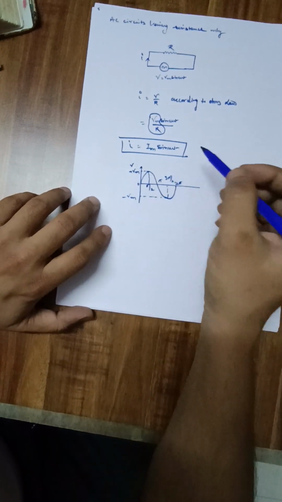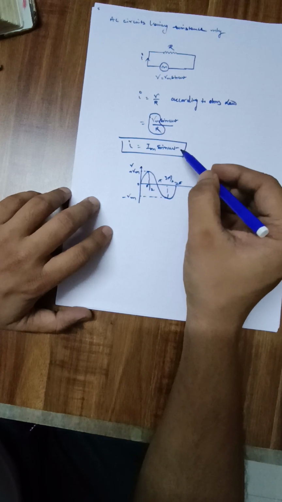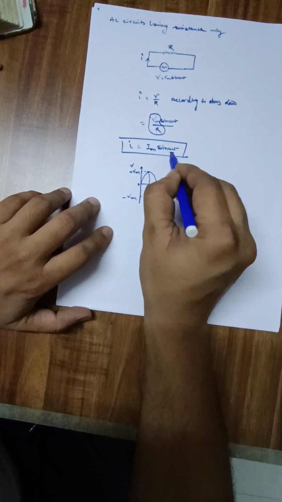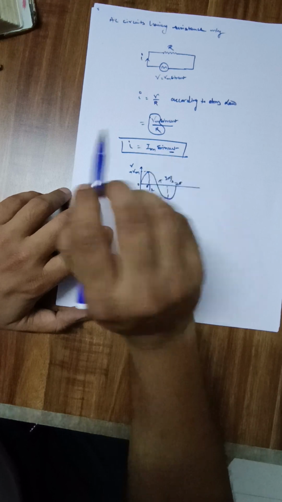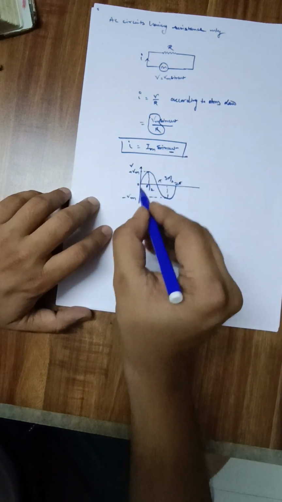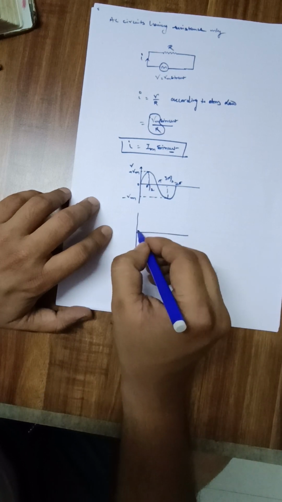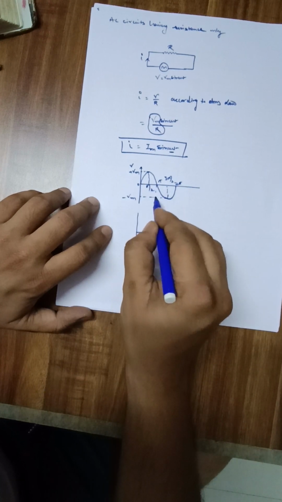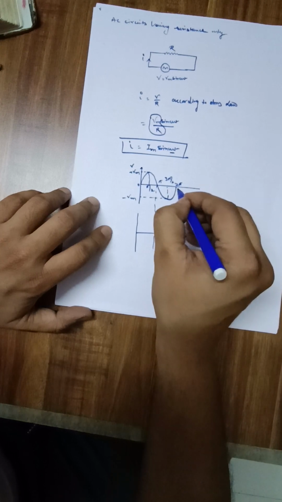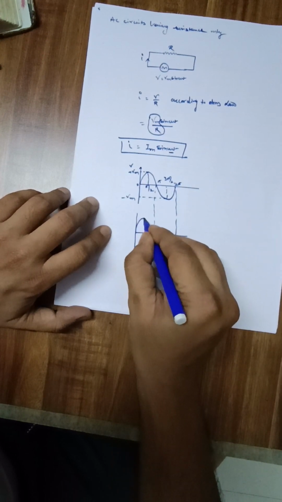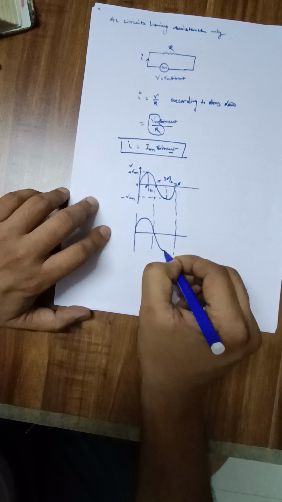Now when we look at current, it is also having the same phase. Current is also having sine omega t. So current will also be in the same phase as the voltage, but magnitude can be different. What will the value of current be? Current will be like this.